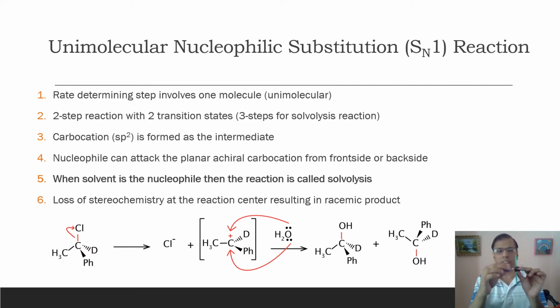Let's assume this to be the phenyl group, Ph, and this is the deuterium. And then you have the methyl group here. You have 1, 2, 3 hydrogens attached to a carbon. So that's the CH3 group. So you can see right here that the carbocation is planar.